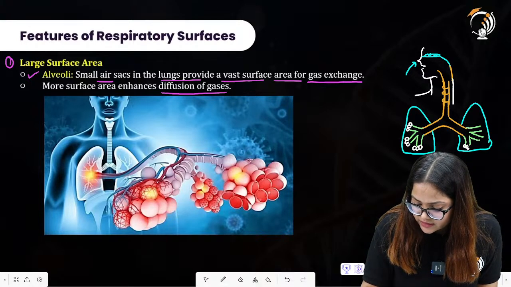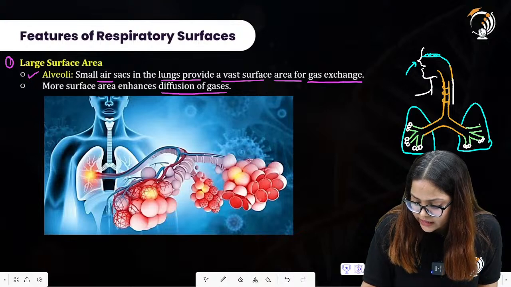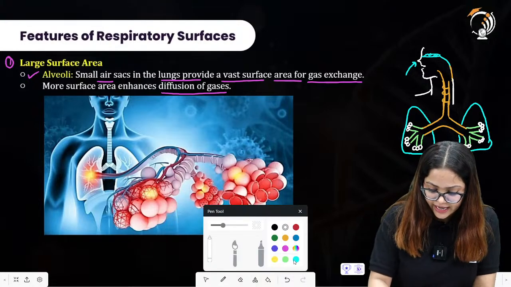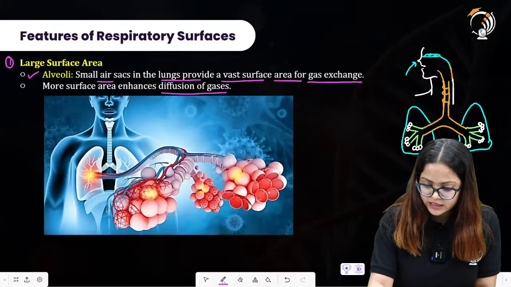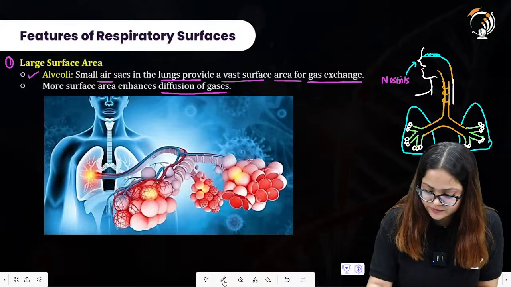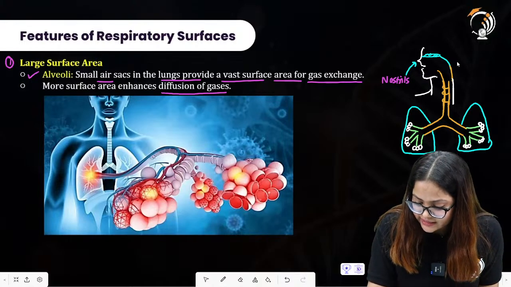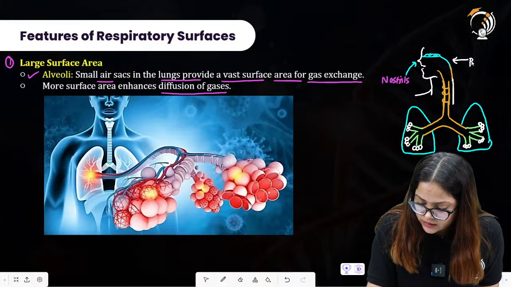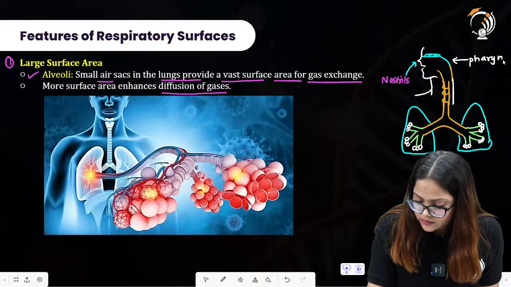So let us label this along, and try to label it by yourself also. It will enhance your memory. Alright, so these were the nostrils, then this is the pharynx region.